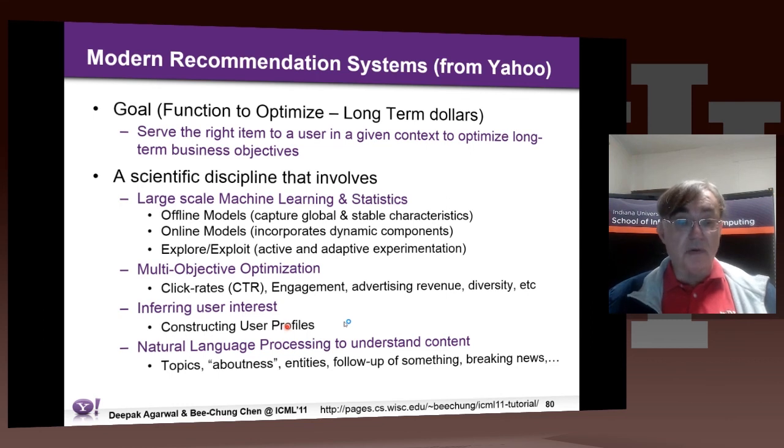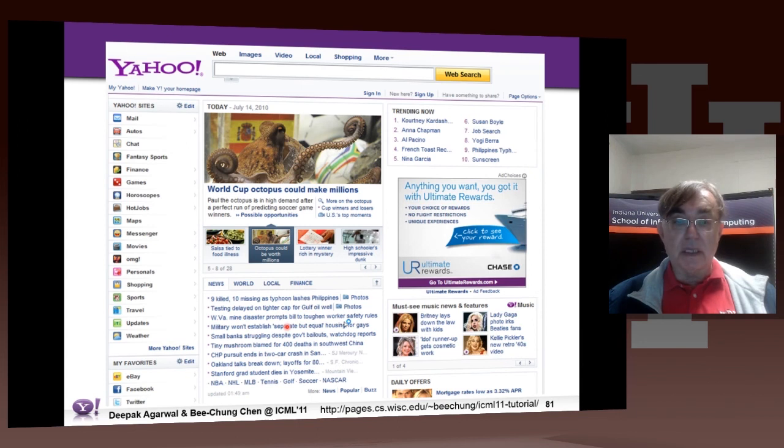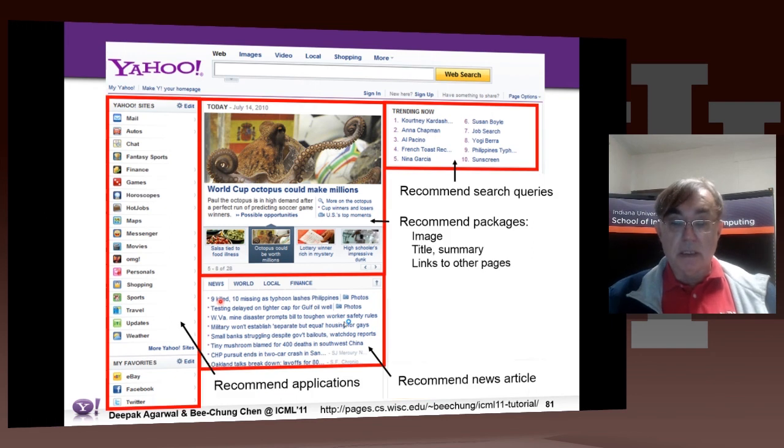It involves so-called natural language processing to understand the content of the pages better, to make better decisions. Here's an example of trying to optimize this page here. It has various components, and you need to recommend which articles to put here, which applications to put here, which queries to put here, and which packages to put here, and they're all done in this complicated fashion.